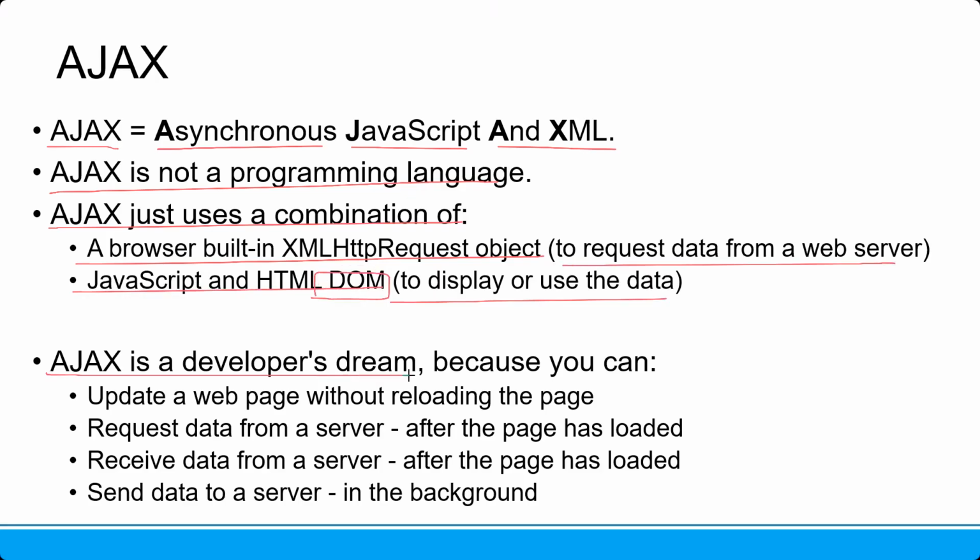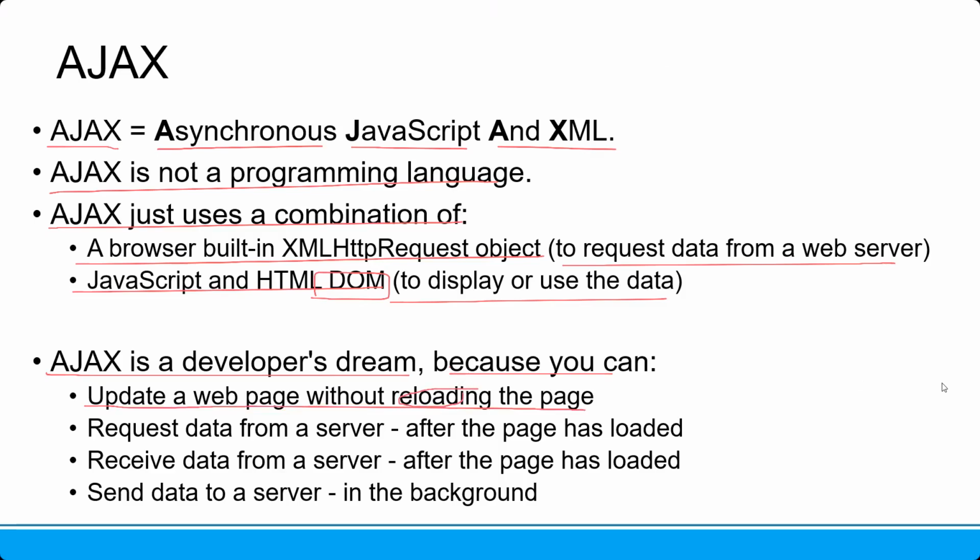People say that Ajax is a developer's dream because you can update a web page without reloading the page. Do you know what that means? Reload means whenever you want to access the data from the server, you need to refresh the web page or the web browser.